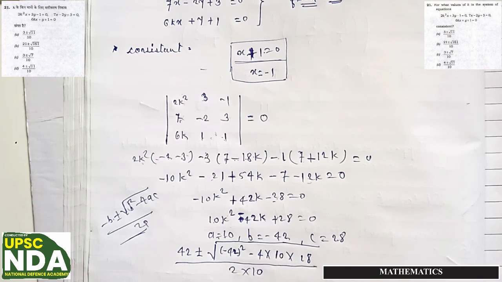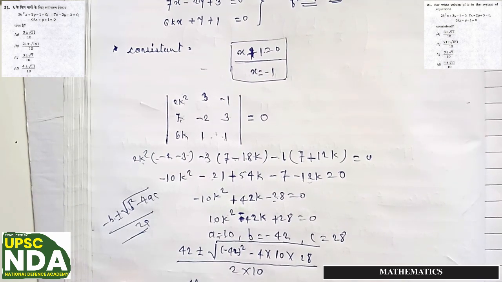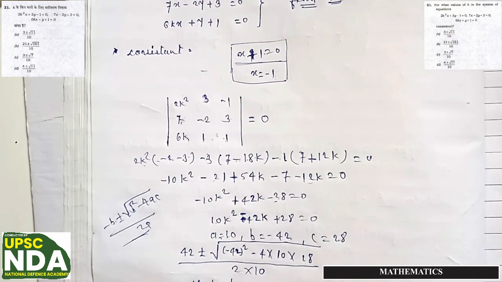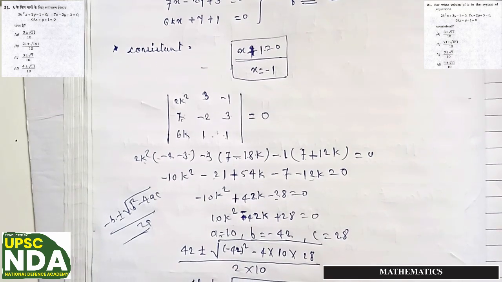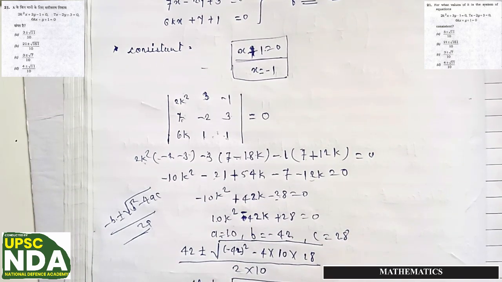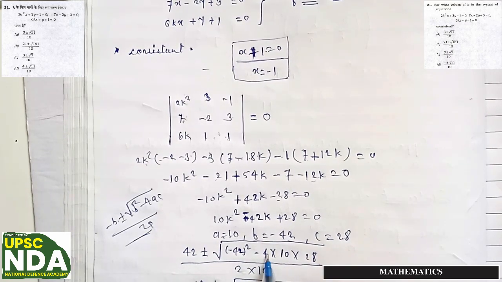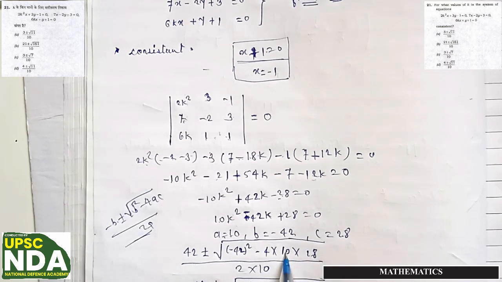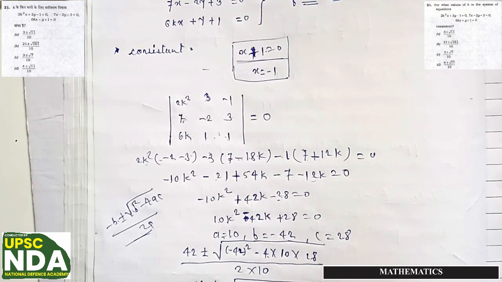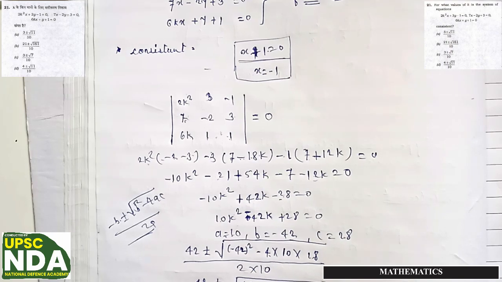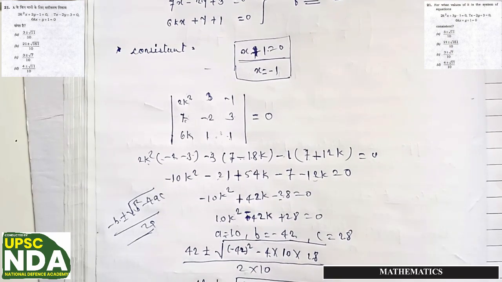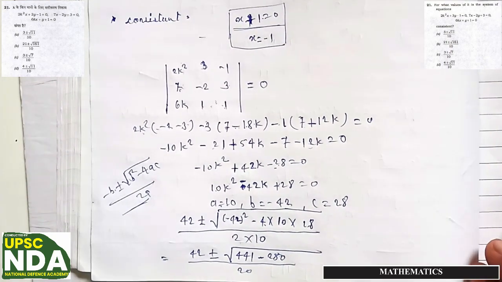Next step: 42 plus minus the square root of the square, which is always positive, always remember. We get 441, the square root, and 28 times 10 is 280, multiplied by 4 gives negative 280, completely divided by 2 times 10, which is 20.